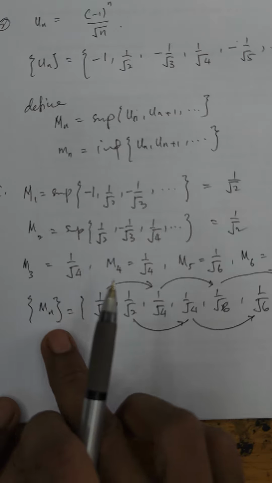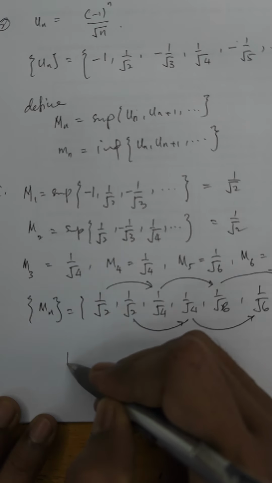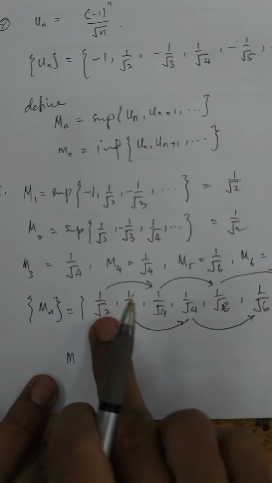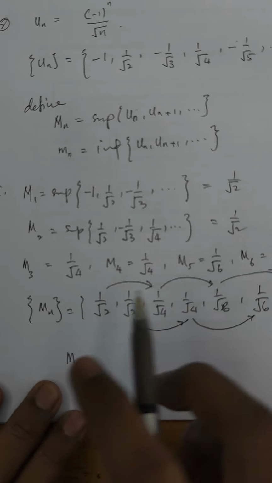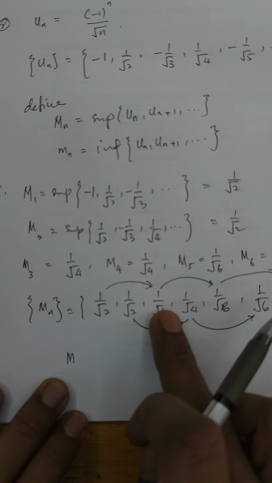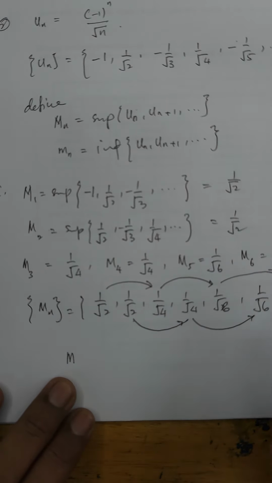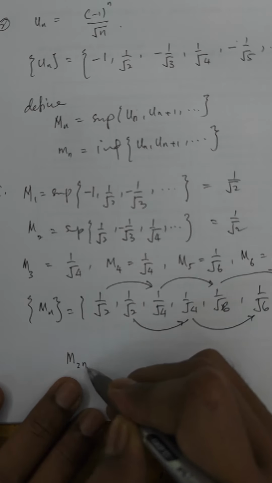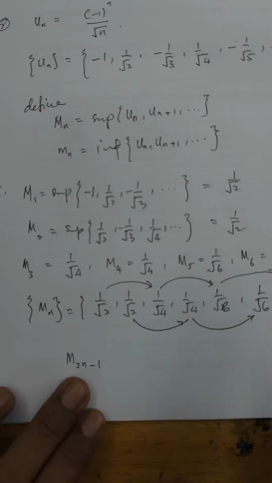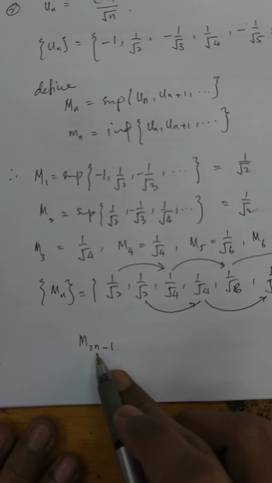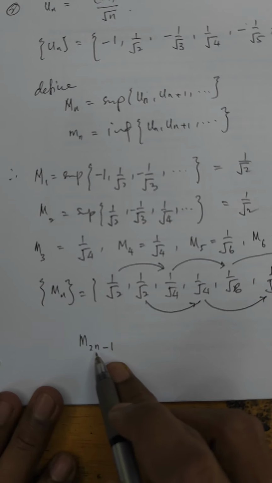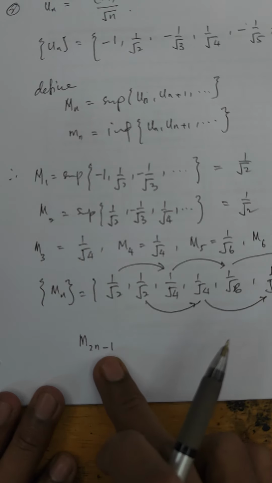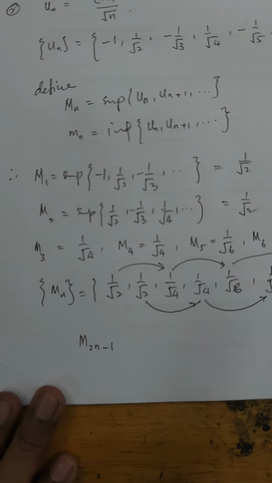For the first term and then the third, how to get that? 1, 3, 5, you get 2n minus 1. When n equals 1, you get 1. When n equals 2, you get 3, and so on and so forth.